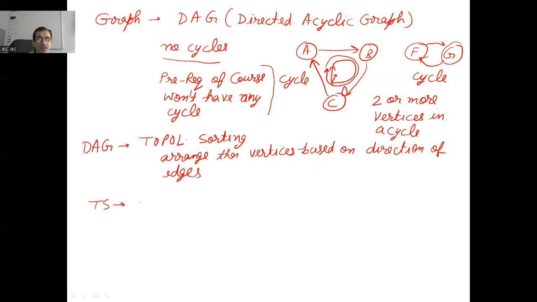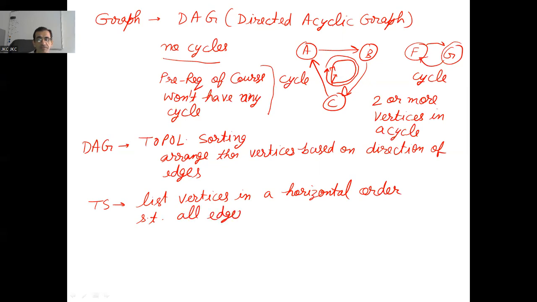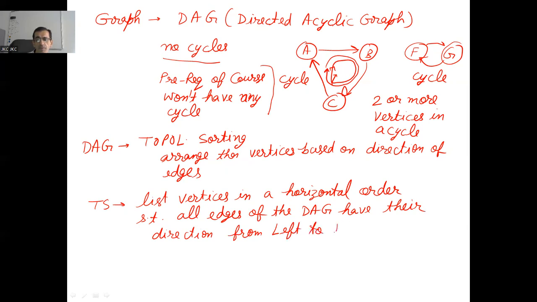Topological sorting says: list the vertices in a horizontal order such that all edges of the graph, of the DAG, have their direction always from left to right.